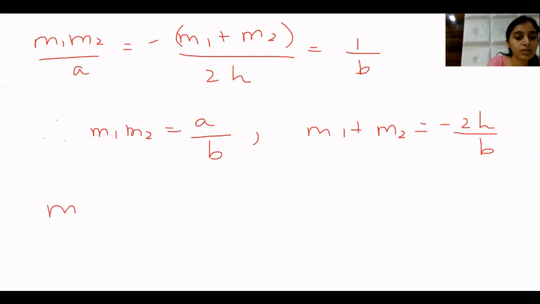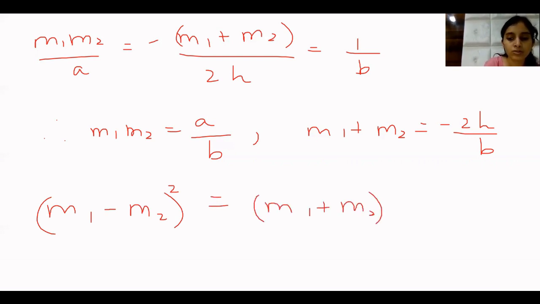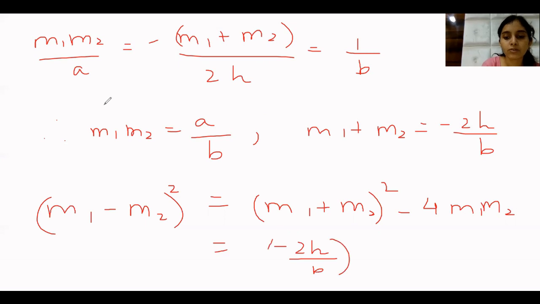Now using the identity, m1 minus m2 the whole square is equal to m1 plus m2 the whole square minus 4m1 m2. We don't know m1 minus m2, so we leave it as it is. M1 plus m2 we know, that is minus 2h upon b the whole square minus 4 into a upon b.